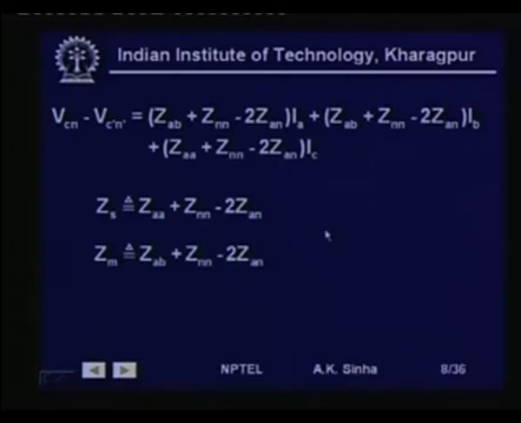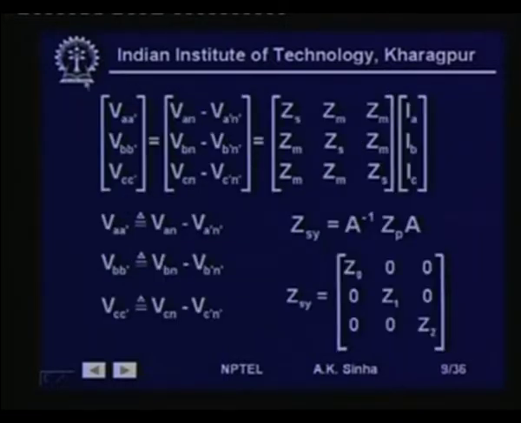Now, with this definition of ZS and Zm, we can write this relationship as VAA dash is equal to VAN minus VA dash N dash, which is equal to ZS into IA plus Zm into IB plus Zm into IC, and so on for VBB dash, which is VBN minus VB dash N dash: Zm into IA, Zs into IB and Zm into IC.